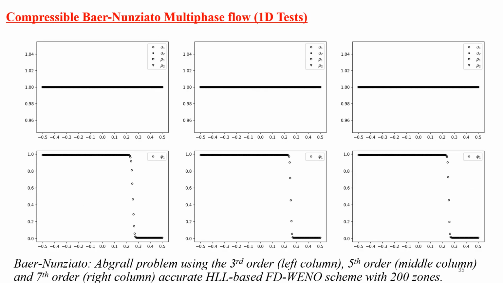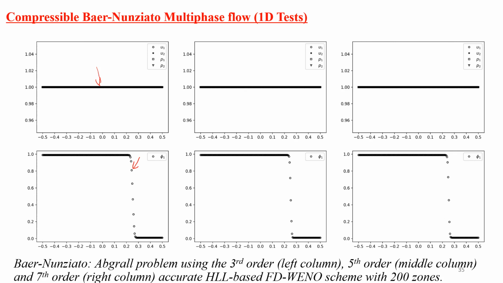solutions. This is the Abgrall test problem for compressible Baer-Nunziato multiphase flow, where we have a variation in the phase, and you can see that the velocities in the two phases, U1 and U2, are constant, and the pressures in the two phases are maintained constant.